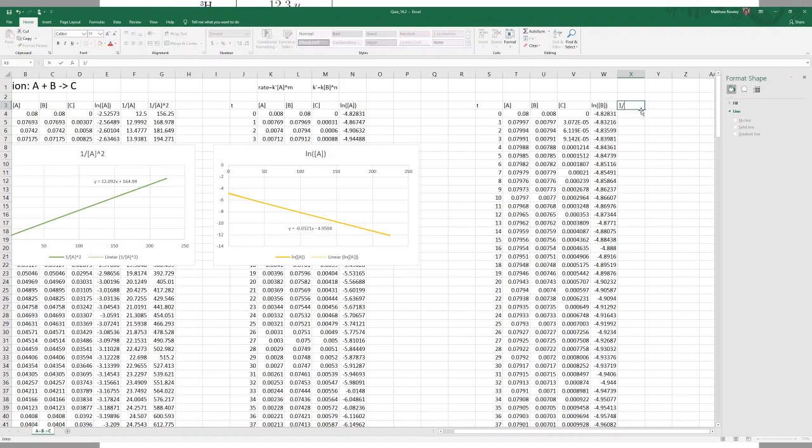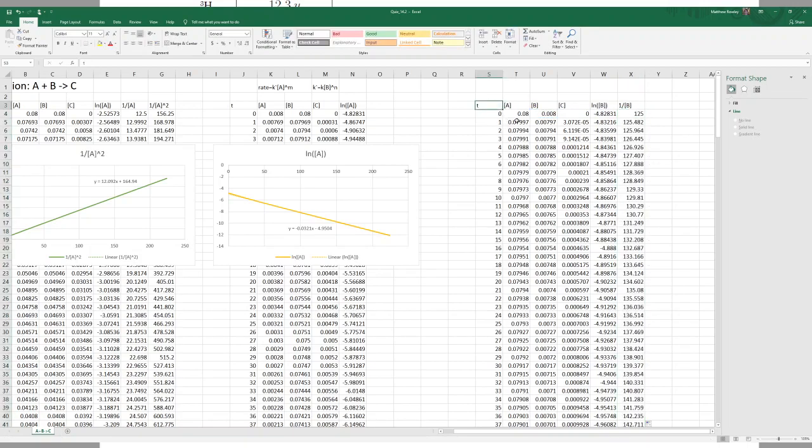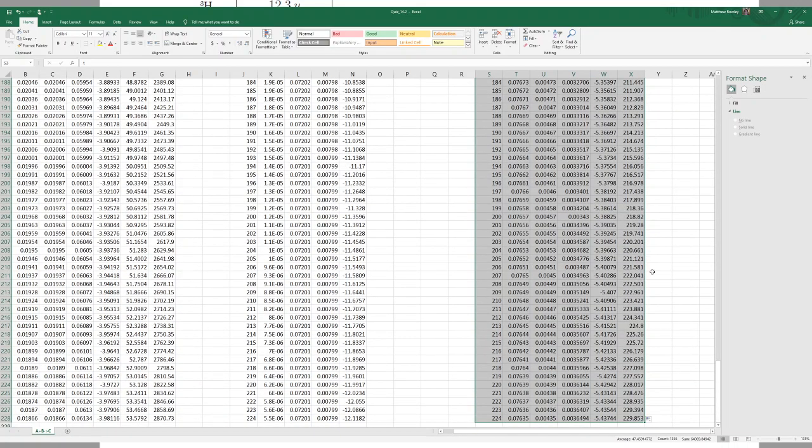So maybe we have second order with respect to B. It's going to equal 1 divided by B, and let's insert this chart.